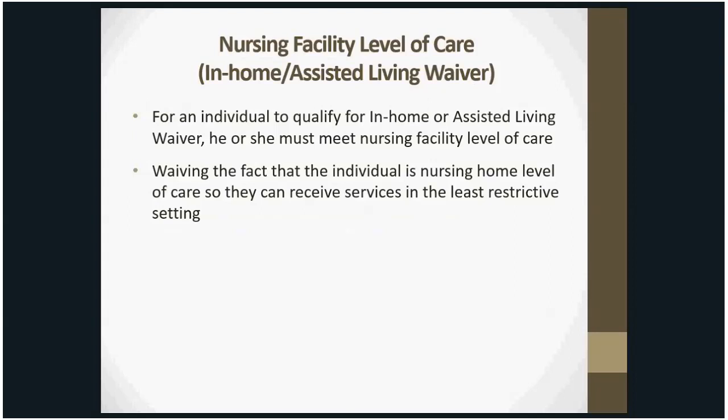However, a good way to remember it is that we're waiving the fact that the individual is nursing home level of care, so they can receive those services in a lesser restrictive setting, like in their home or in an assisted living.